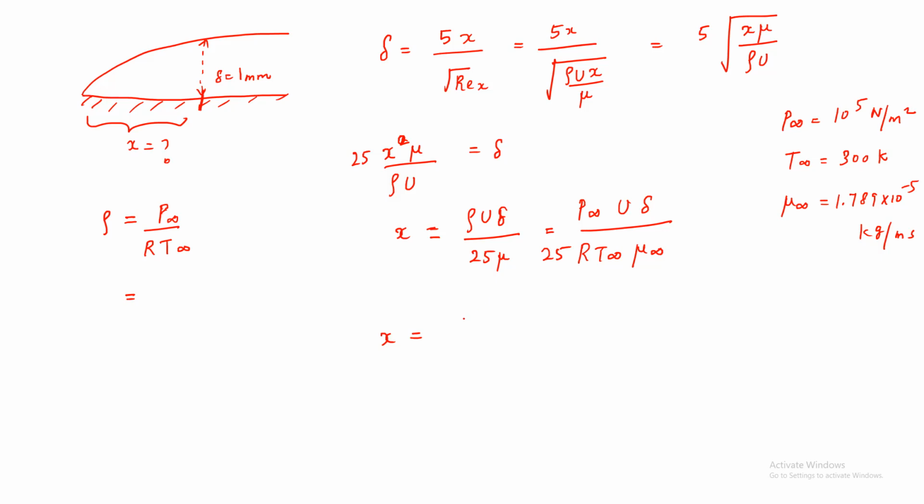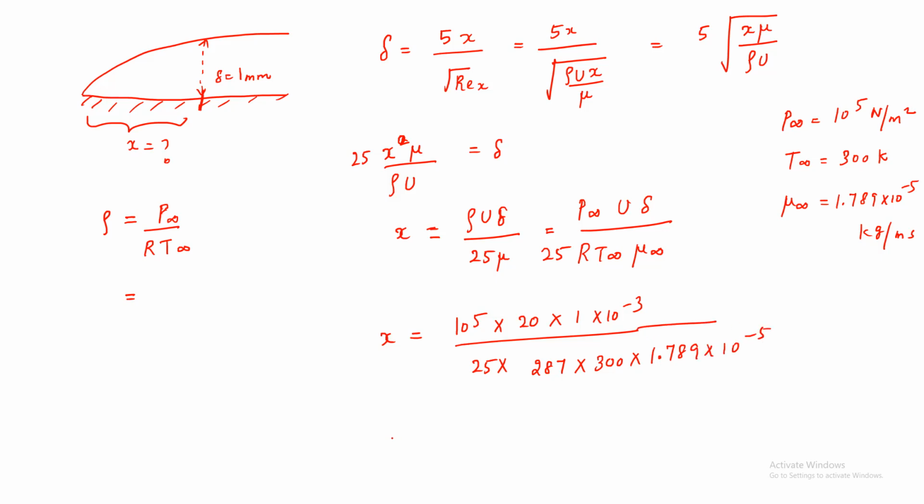Our P infinity is 10 power 5. Our velocity u is 20 meter per second. Our boundary layer thickness is 1 mm, 10 power minus 3. Then 25 into our R, which is 287, into our temperature, which is 300, and our viscosity is 1.78 into 10 power minus 5. If we calculate, we will get 0.052 meter.